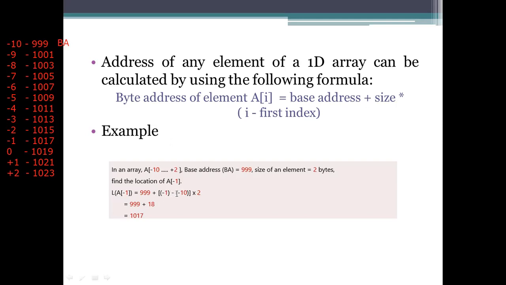So -1 minus (-10) is -1 plus 10, into 2, that is 9 into 2, which is 18. After how many spaces we are getting that element, we need to consider here. So 999 plus 18, then you will have the address of that element, 1017.